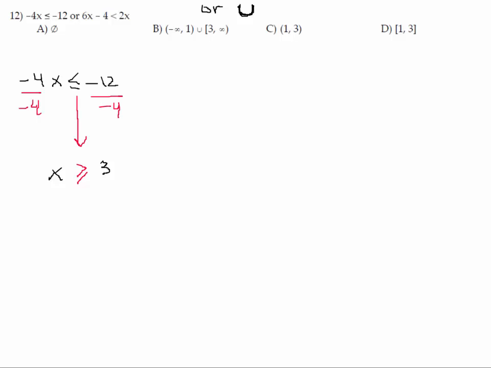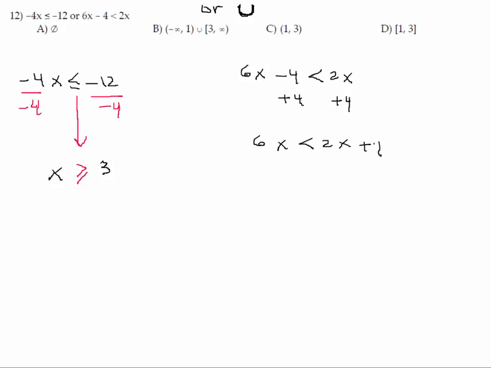Now the other set we have is 6x minus 4 less than or equal to 2x. Here, if I add 4 to both sides of the inequality, I would get 6x less than or equal to 2x plus 4.